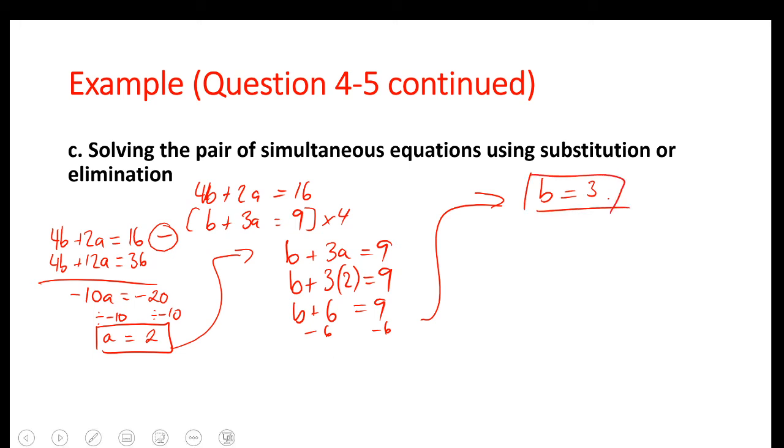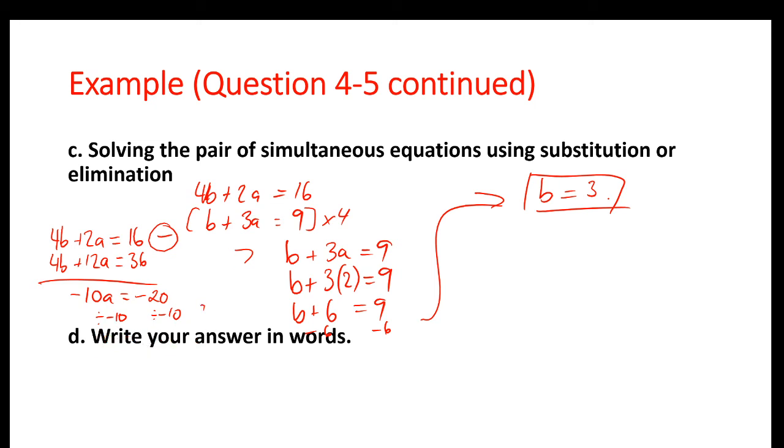Okay. So with that being said, I need to then write your answer in words. Let me do that. So a is equal to 2. All right, so write your answer in words.